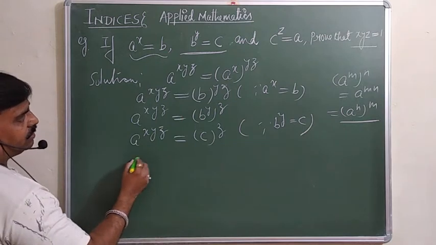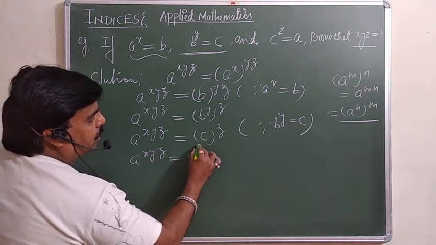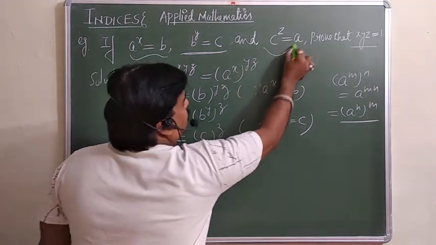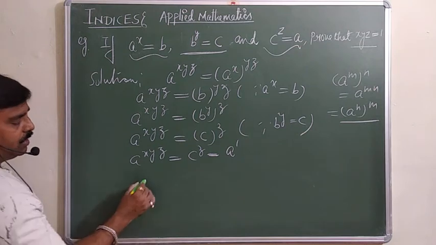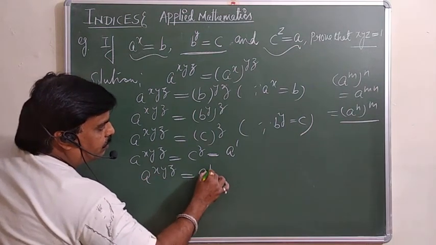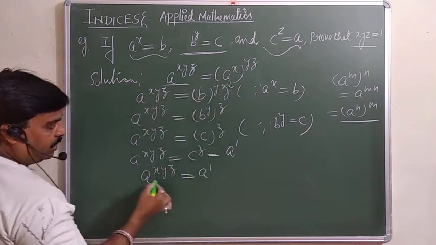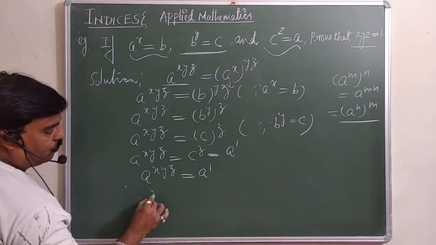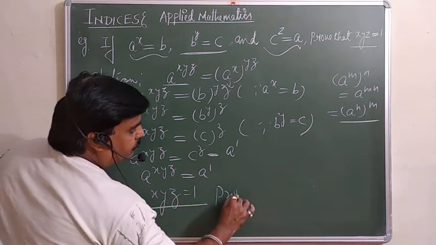Now this is c raised to power z, and c raised to power z is already known, that is a, so you can say the exponent is 1. So finally we are getting a raised to power xyz is equal to a raised to power 1. We started from here and gradually broke this one. Now you can compare the exponent. Therefore xyz is equal to 1, which you wanted to prove.